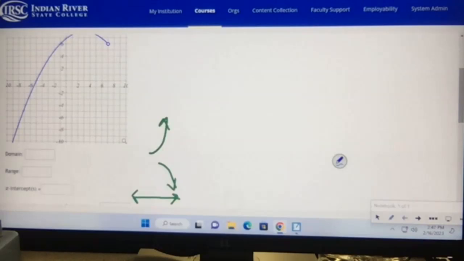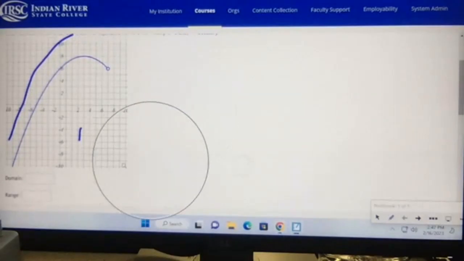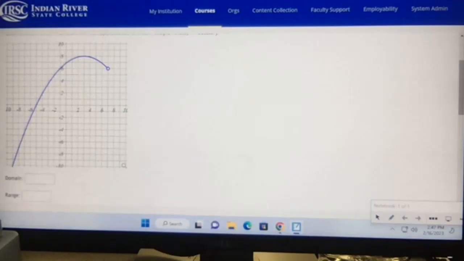So if I see this graph going from left to right, I see that it's going upward until right here, which would be +3. Because at +3, it stops going up and then it turns to go down. So this part over here would be increasing.